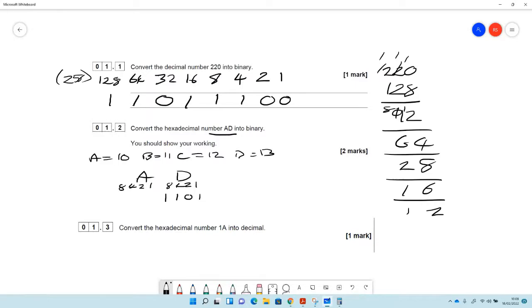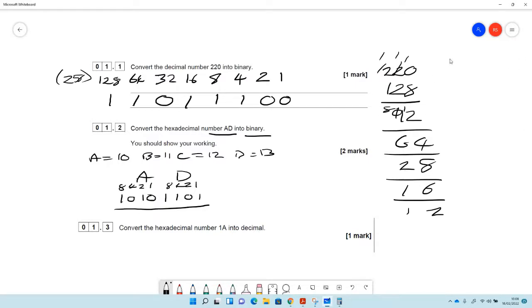And A is 10, 8 and 2. So we've got our answer because we're just going into binary. So that's our answer: 1 0 1 0 1 1 0 1. That's conversion hex to binary.